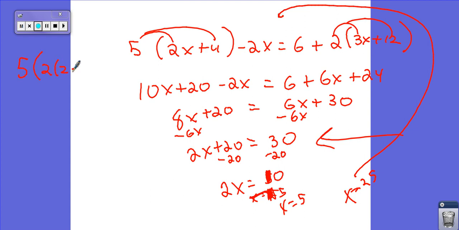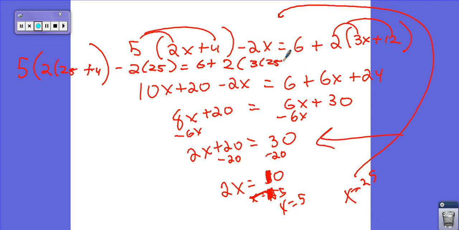So that is 5 times the quantity 2 times 25 plus 4, minus 2 times 25 equals 6 plus 2 times the quantity 3 times 25 plus 12.